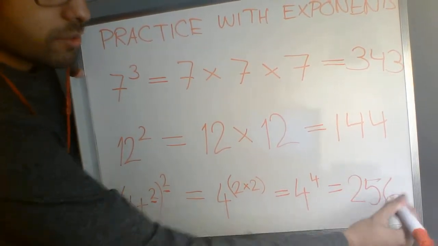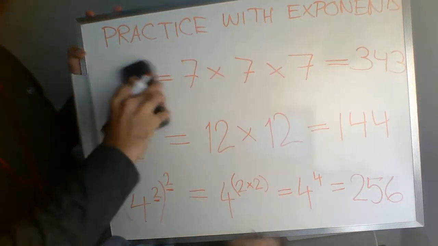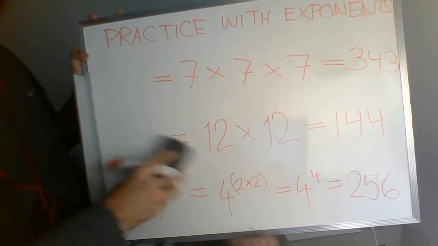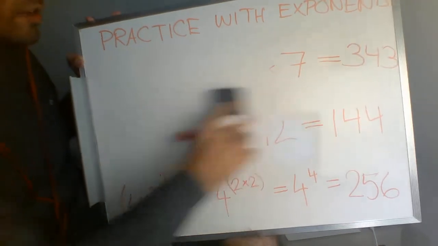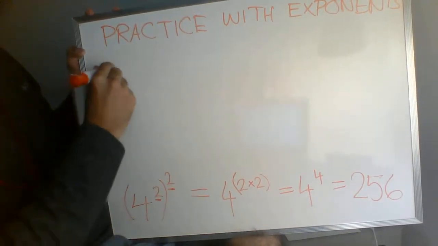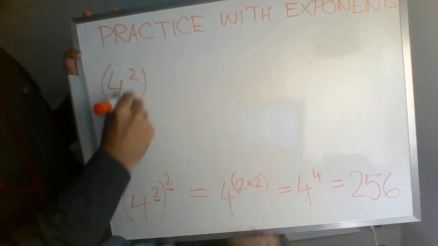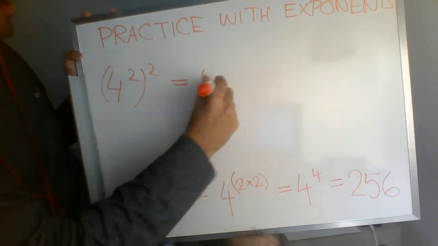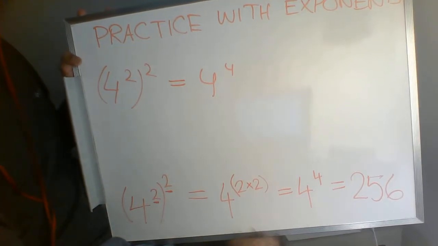But you should be getting a final answer of 256 for this one. So I'm going to erase these just because I want to highlight that point more clearly than just off in the little corner of the board. Basically what we started with was 4 squared all squared, which is the same as 4 to the exponent 4.